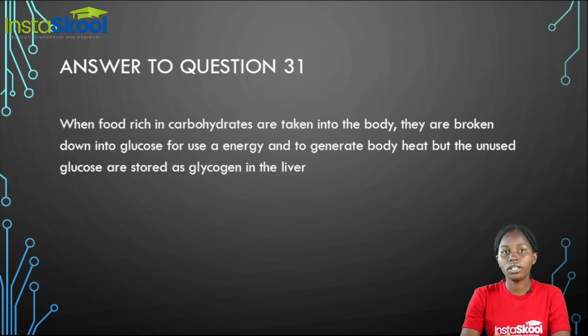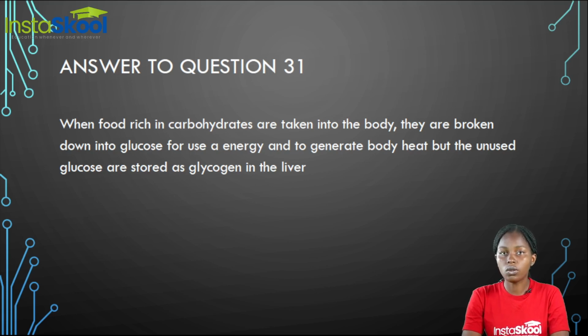Now we may already know that when we consume food that are rich in carbohydrates, when they are taken into our body, they are broken down into glucose. We can then use this glucose for energy and to also generate body heat. But usually we do not use all the glucose.